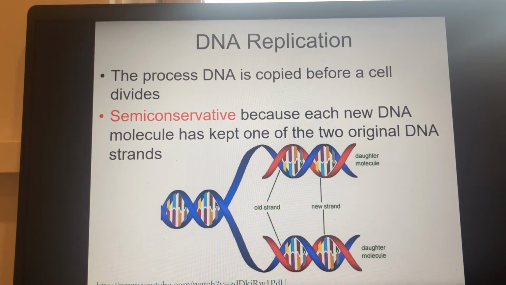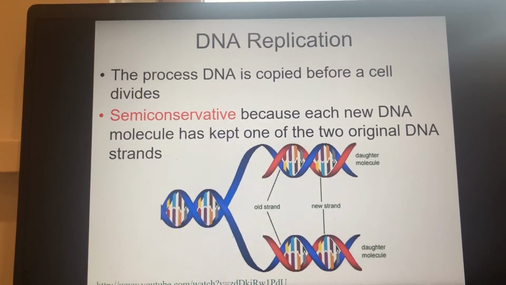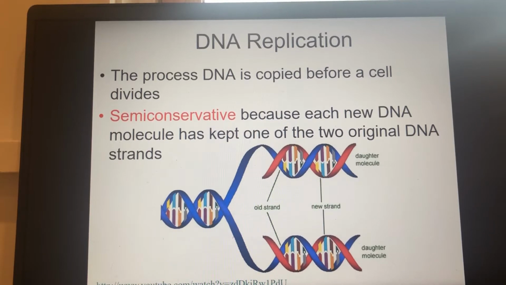So DNA replication is what occurs anytime we have to make a new cell and we've got to get a new copy of DNA. And we call this process semi-conservative. The reason it's called semi-conservative is because it uses the old DNA, which is demonstrated here, or what we would call the original strand.